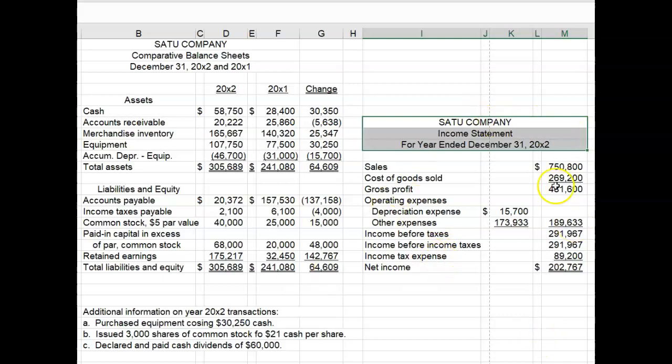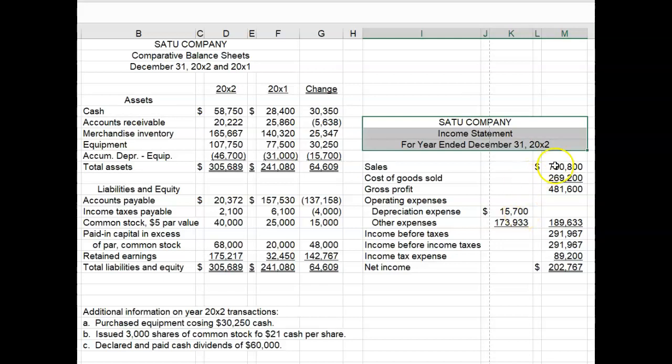So everything here except depreciation has some component of receipt or payment of cash, but depreciation expense is never paid for with cash. The journal entry is always debit depreciation expense, credit accumulated depreciation. So the only income statement item not affecting cash is depreciation expense.